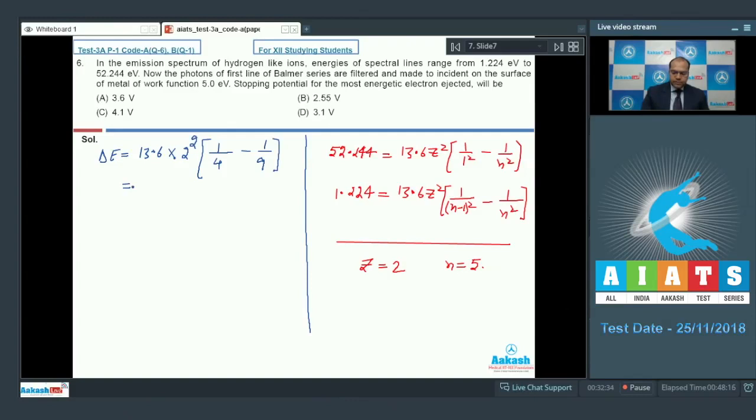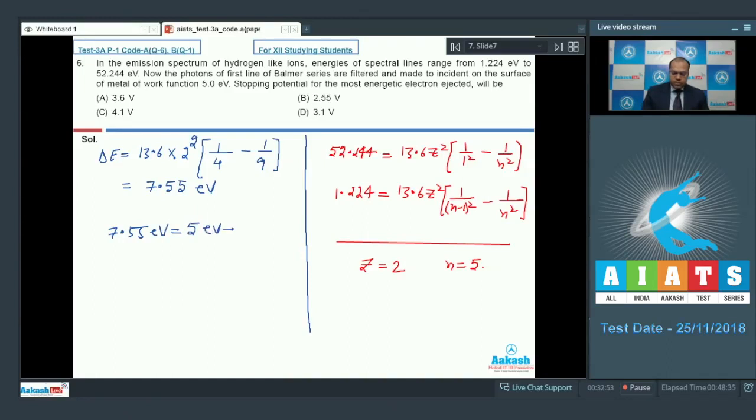So it can be written as 7.55 electron volt.